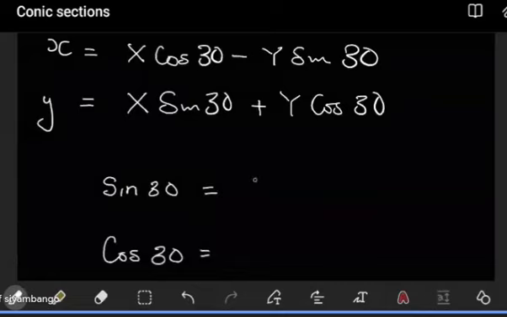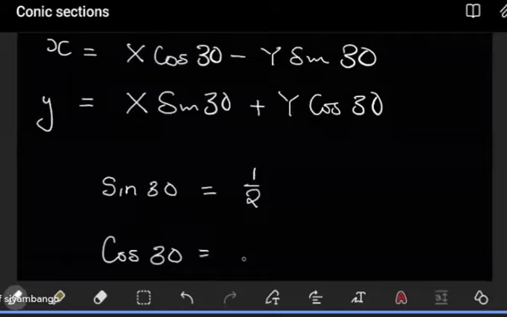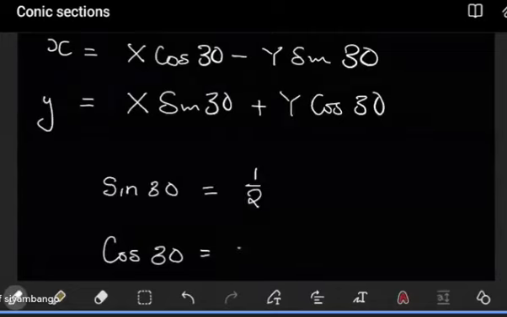What is sine 30? Yes, half. And then cos 30, root 3 over 2. Yes.